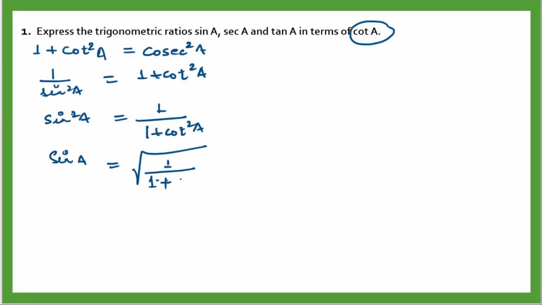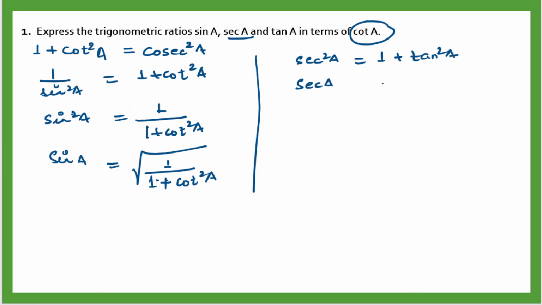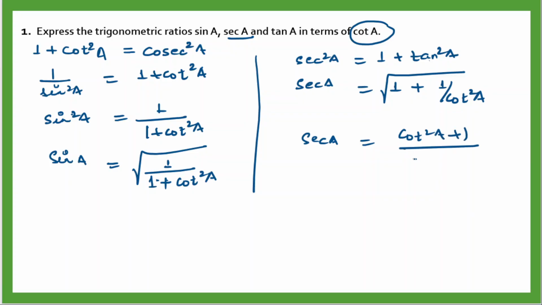Now you have to represent sec A. So how can you represent it? Sec square A is equal to 1 plus tan square A. So you can write sec A is equal to under root of 1 plus tan square A, and tan square A is the reciprocal of cot square A. So sec A is equal to under root of cot square A plus 1 divided by cot square A. What is your tan A?